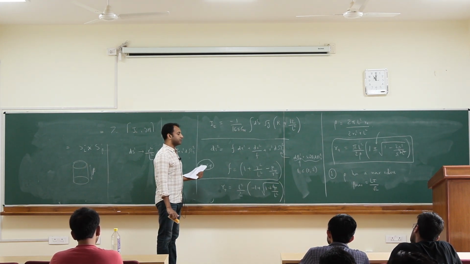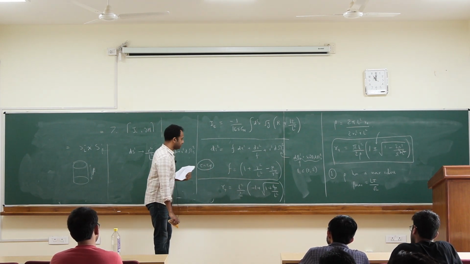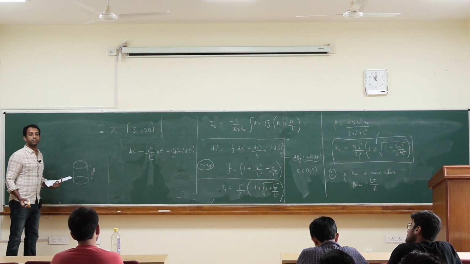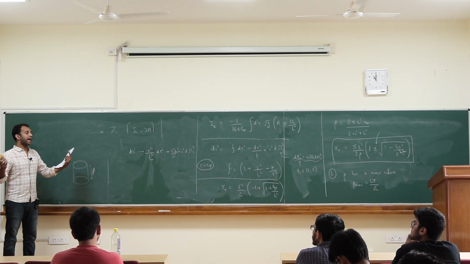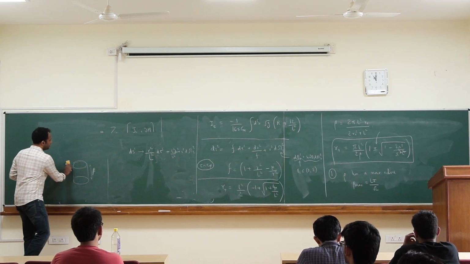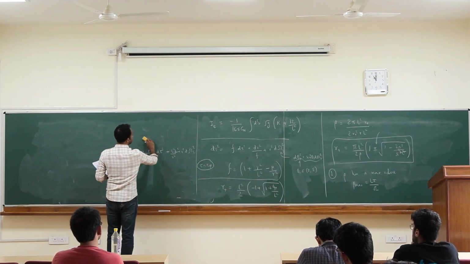That's called thermal ADS. We'll talk about it a little bit. So that solution always exists. And the competition, in some sense, is between the large ADS black hole and the thermal or empty ADS.